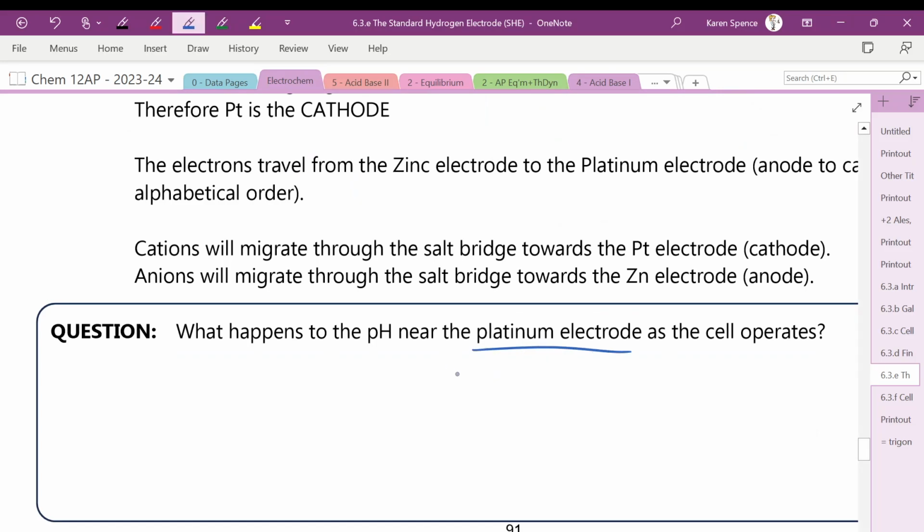So the platinum electrode is the cathode. Reduction takes place at the cathode.